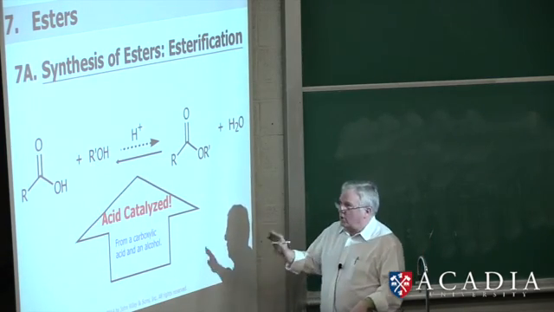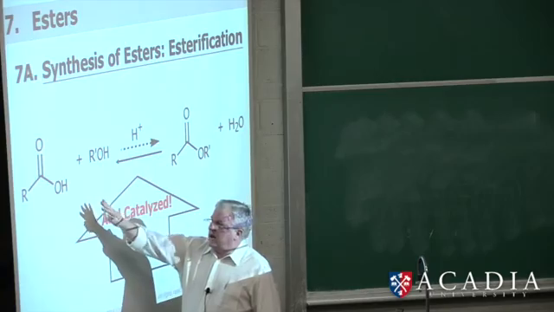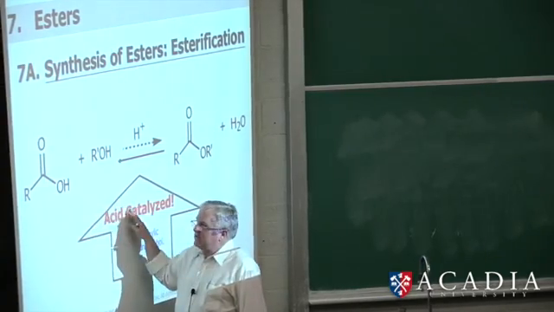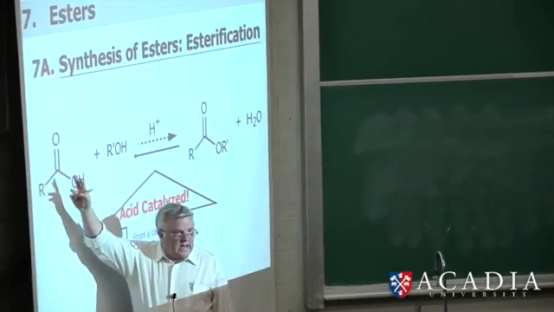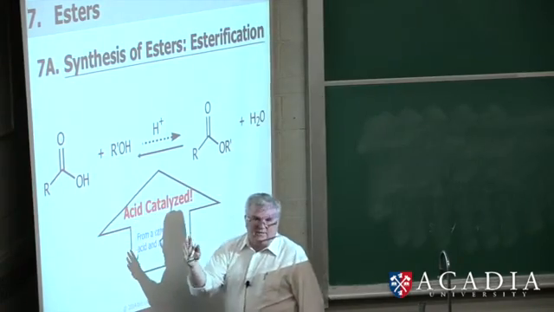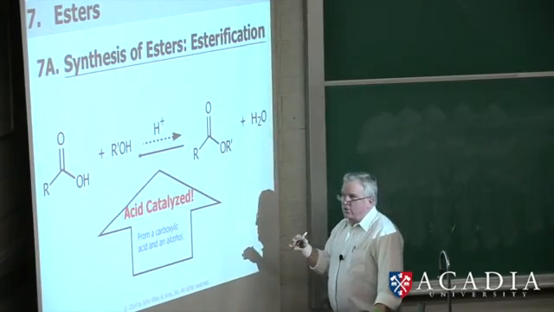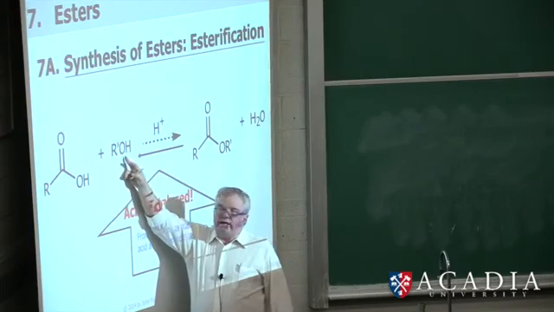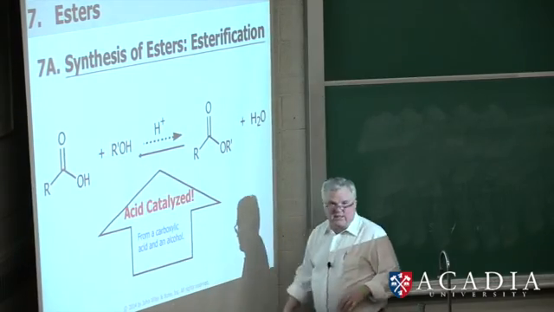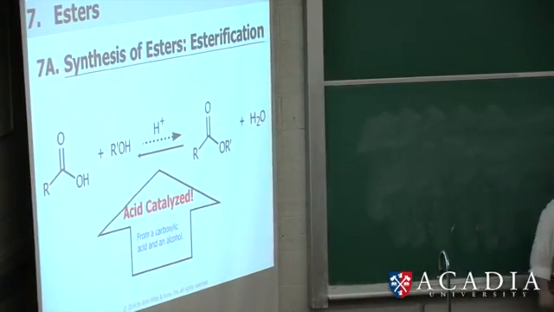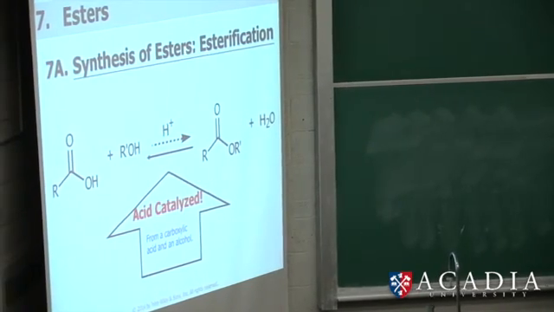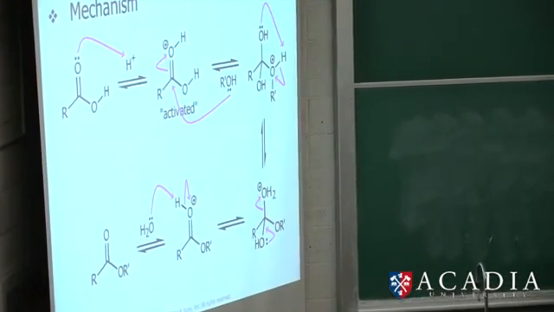of esters. So we made the ester from the carboxylic acid, and the acid catalyst was used to protonate the carbonyl oxygen, which activated the carbonyl group so it could be attacked by a weak nucleophile, in this case the alcohol. And we went through the mechanism on the board, and this is the mechanism.